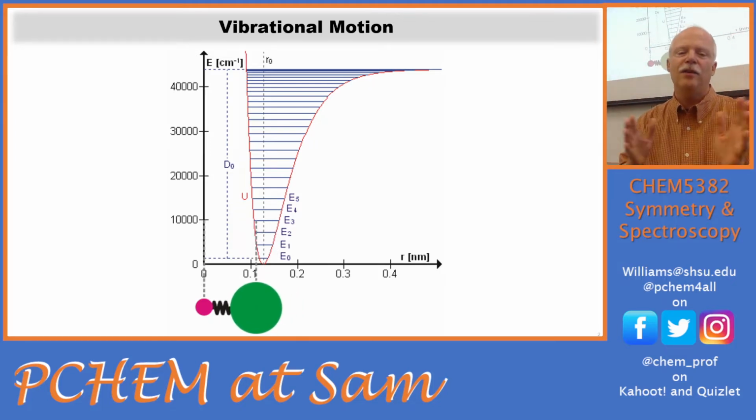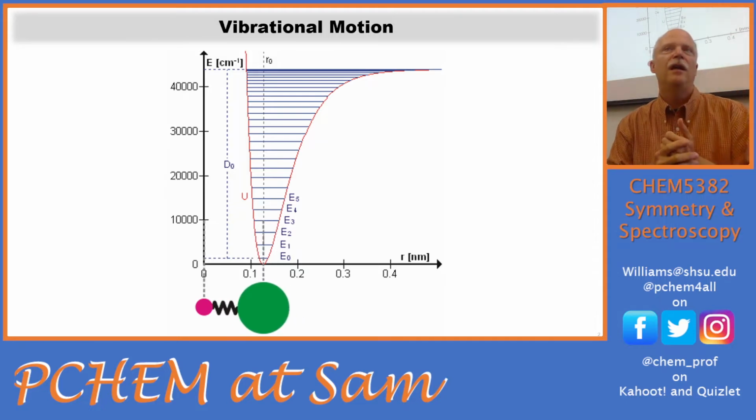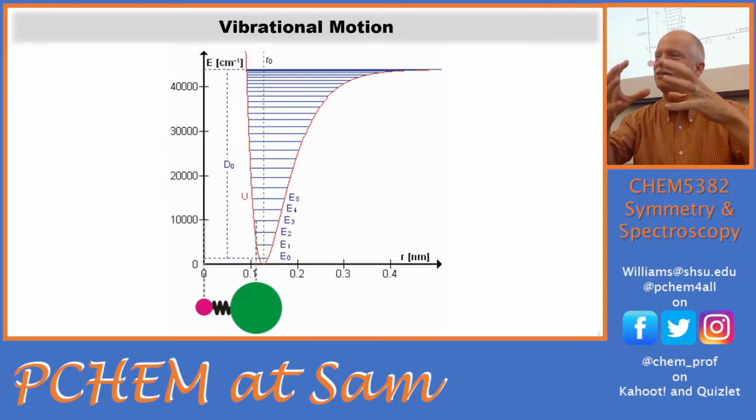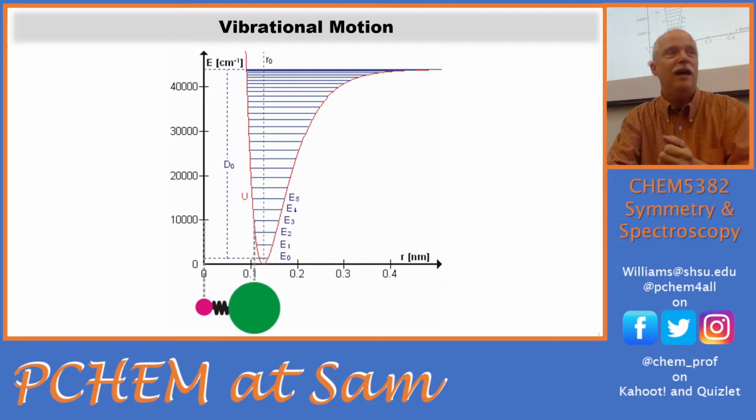But anyway, the idea is that this is harmonic motion. This is like a mass on a spring. And if you let your mind think about it too long, it will break, okay? Because we're using the math of massive objects, things you can hold in your hand and weigh on a scale.